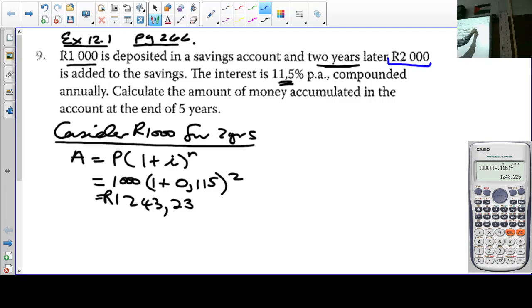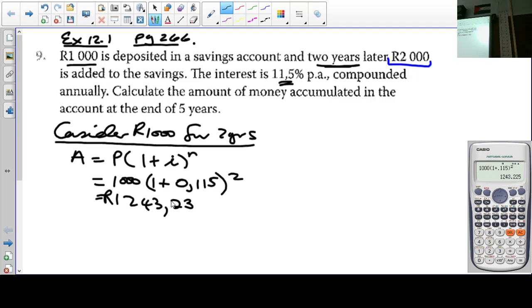So the day the person added the 2,000 rand, what's going to happen now? That initial invested amount, which is 1,000 rand, grew to 1,243 rand and 23 cents. Then what happens? We're adding a further 2,000 rand to that value.